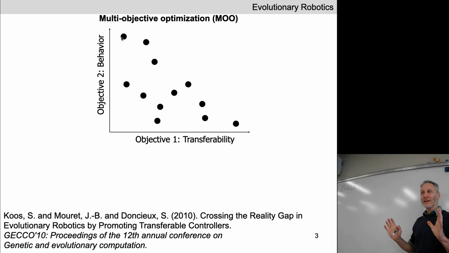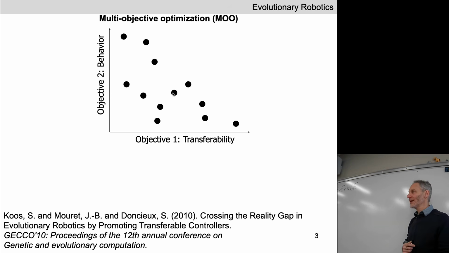They're tricky. Tell me about some of the other controllers where it's obvious they're gone. Who's gone? The ones that didn't transfer very well and also didn't get very far. Right. So the ones that are not transferable, the ones that are further to the left, and the ones that were not efficacious, the ones that are lower in this picture. The ones that are lower and to the left, they're gone. 1, 2, 3, 4, you're gone.